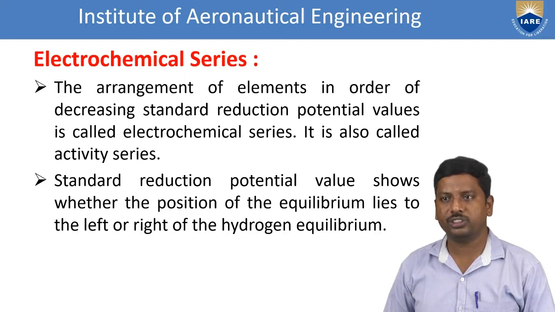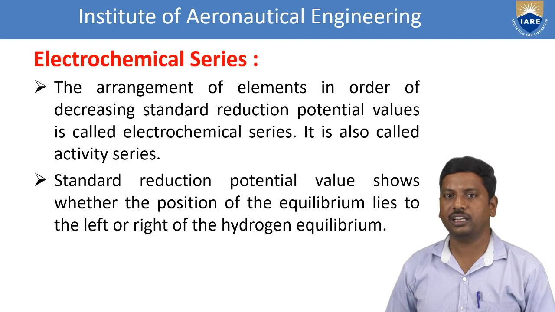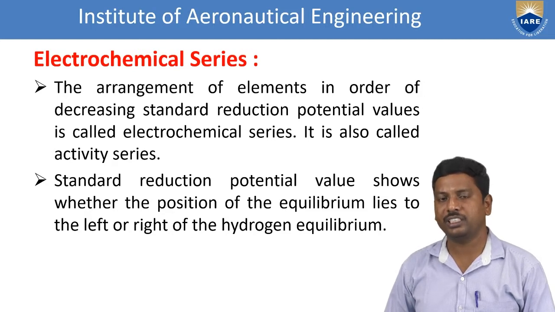The standard reduction potential value shows whether the position of the equilibrium lies to the left or right of the hydrogen equilibrium. That means in the electrochemical series, the element hydrogen is very important. The elements present above the hydrogen are considered as oxidation potentials, and the elements present below hydrogen are reduction potentials.